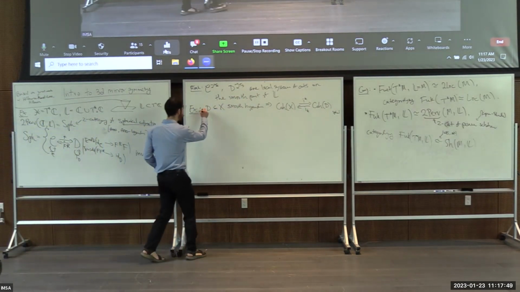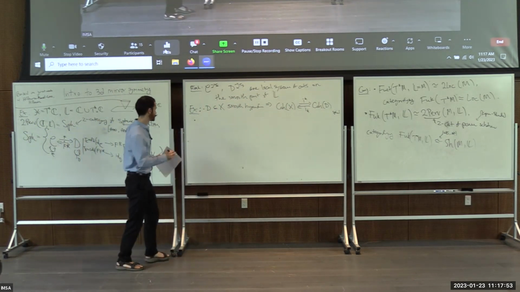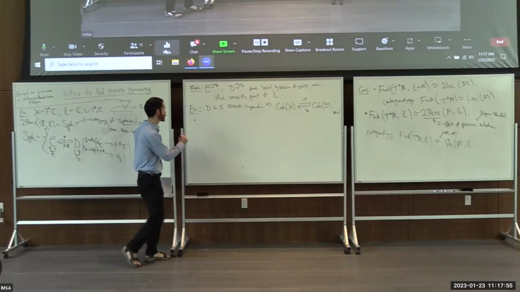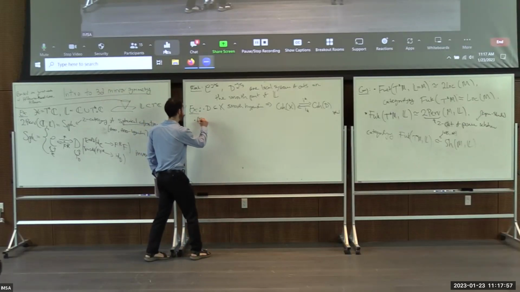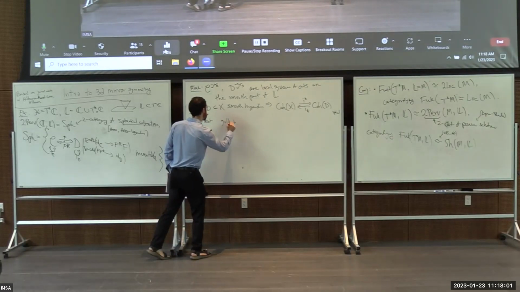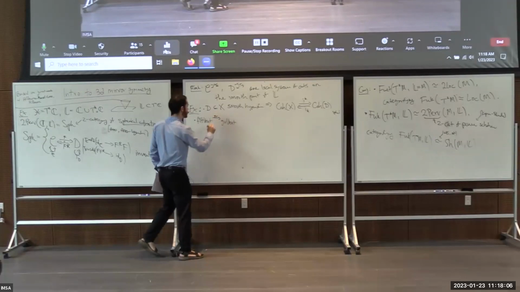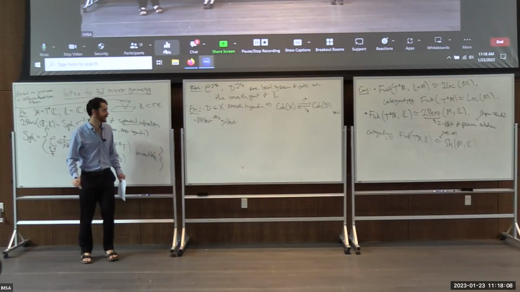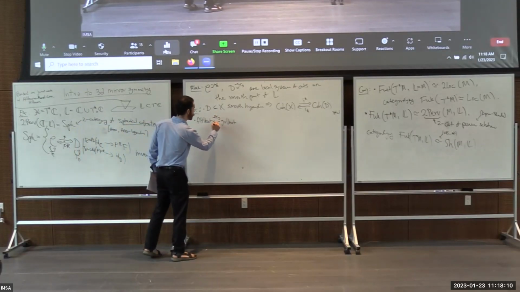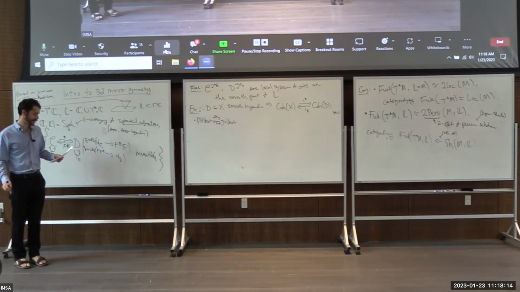The second example I'd like to give of spherical adjunctions is, well, let me state it this way first. There's an adjunction between filtered vector spaces and graded vector spaces, where on the one hand, I take the associated graded of my filtration, and that gives me a graded vector space. On the other hand, I put my graded vector space with the trivial filtration. And this is a spherical functor.